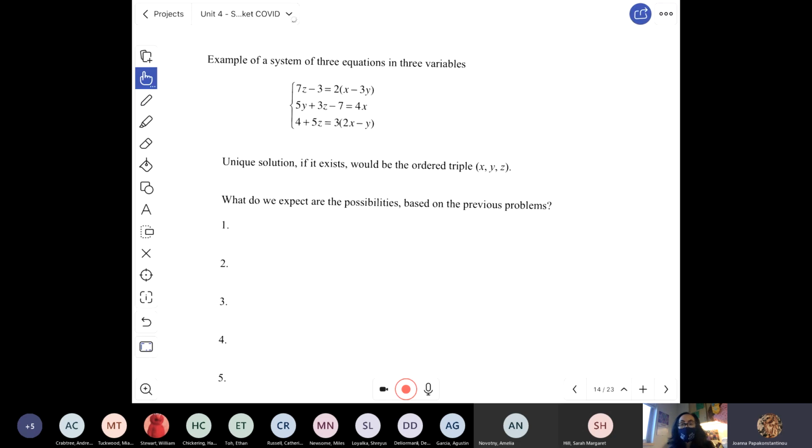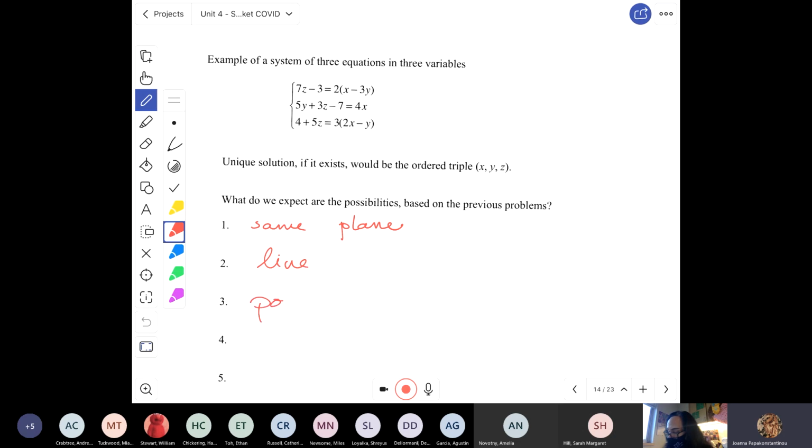Well, the same thing is true in this instance, but now we have planes. So they can either be the same plane, right? All 3 could be superimposed, or we can have a line where 2 planes at a time intersect, or we can have a point, right?